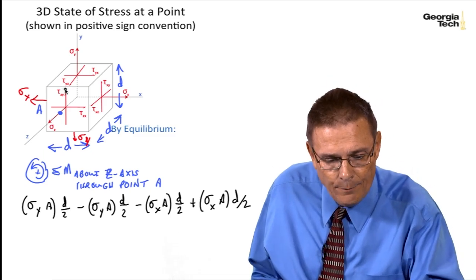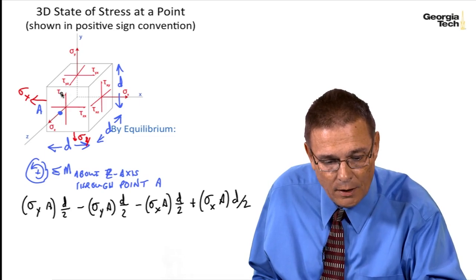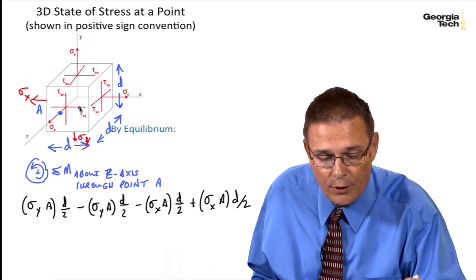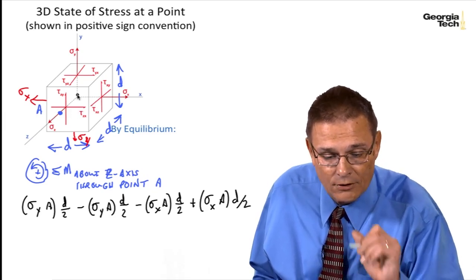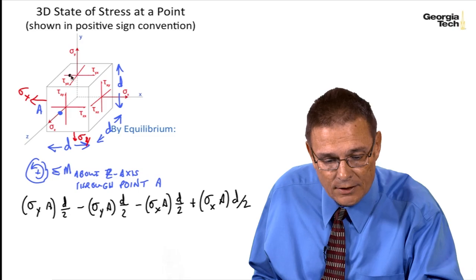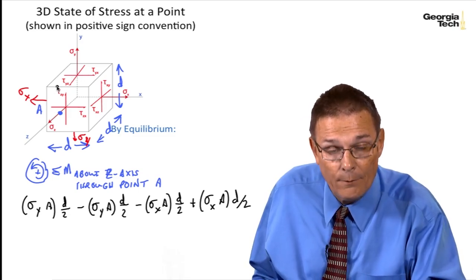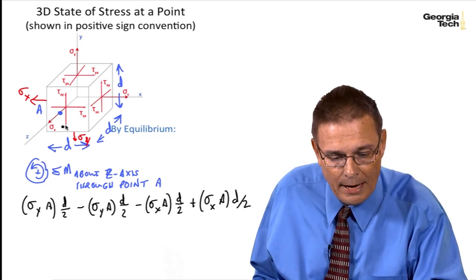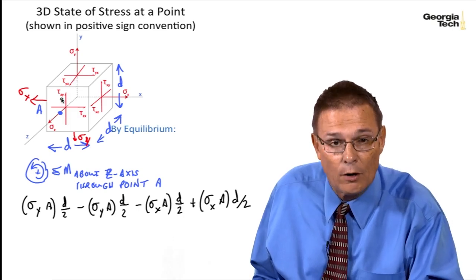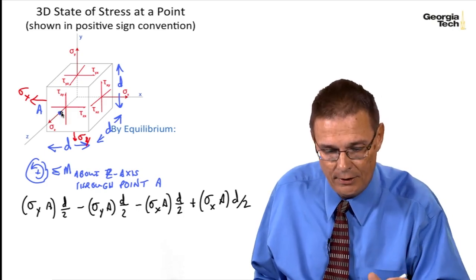And as far as the shear stresses tau yz, tau zy, tau zx, and tau xz, they're not going to cause a moment about the z-axis. The only shear stresses that are going to cause a moment about the z-axis are this tau sub yx and this tau sub xy. The corresponding shear stresses on the back faces, or the negative sides, on the y and the x plane, their force is going to go through point A, so they're not going to have a tendency to cause a moment.